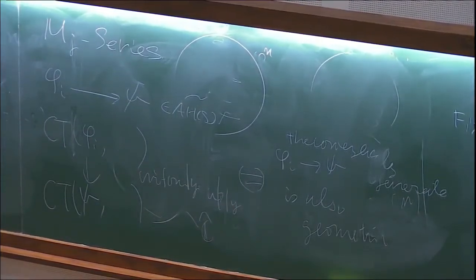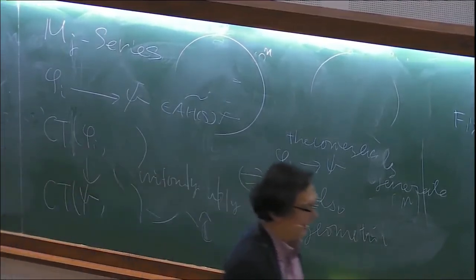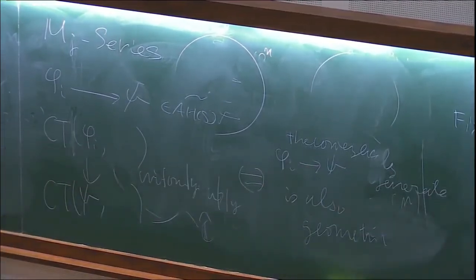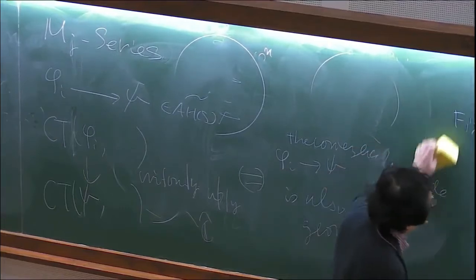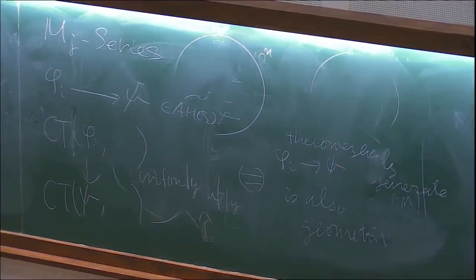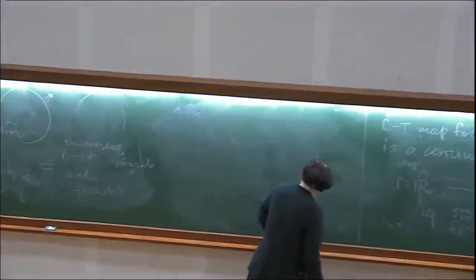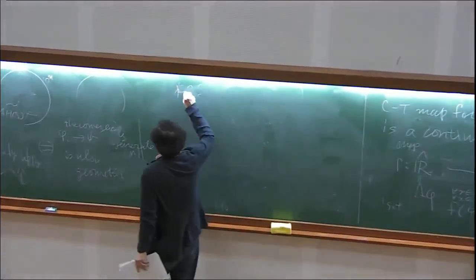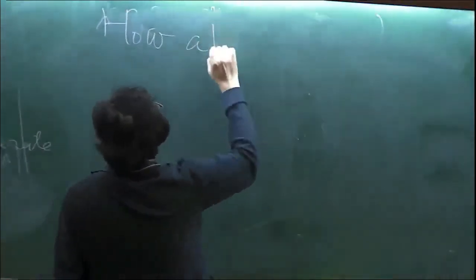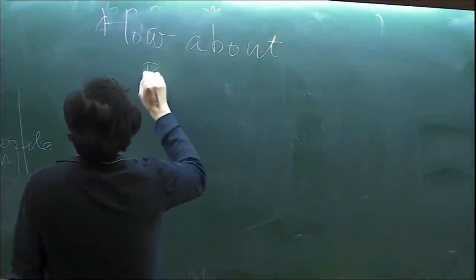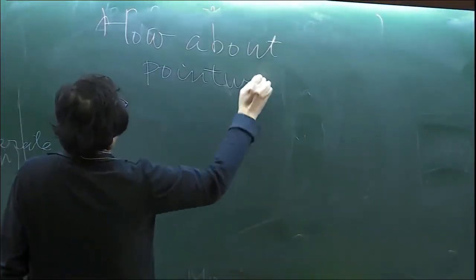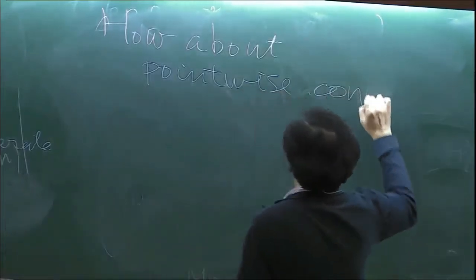But maybe the continuity of a two-variable function is too much to expect. So we can just consider weaker continuity, for instance, the pointwise convergence. So the next natural question, how about pointwise convergence?